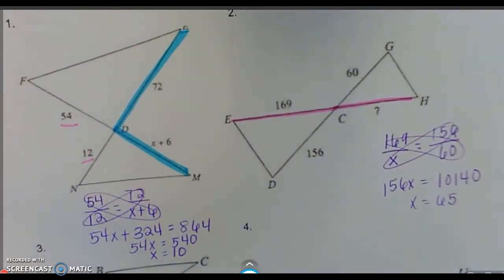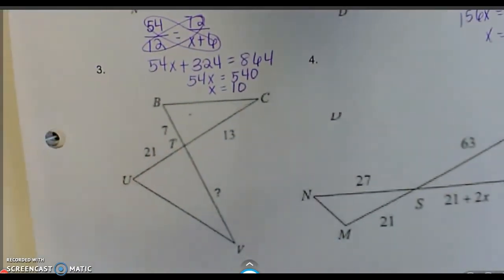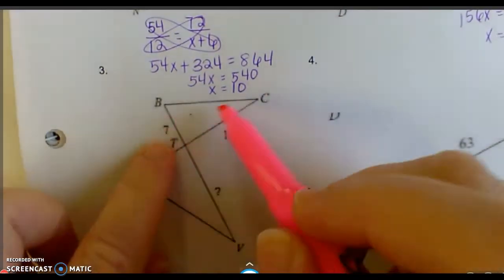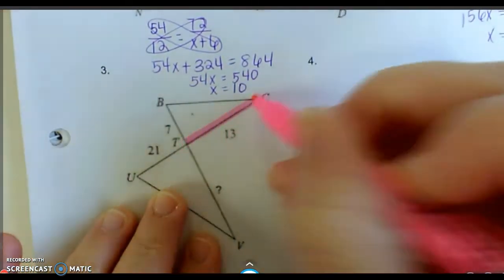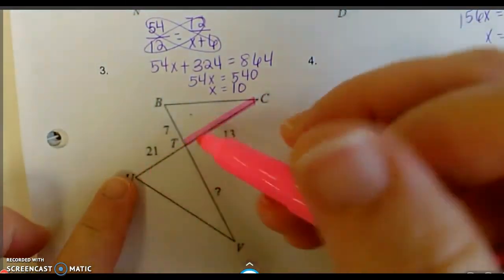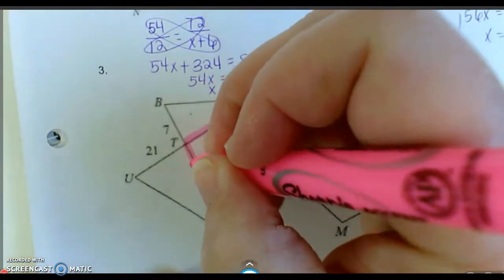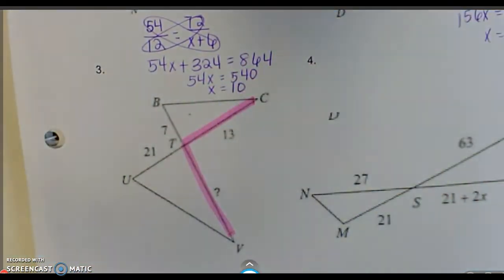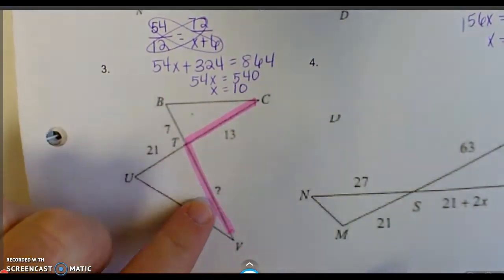We're going to do several more just like that, so we can get in the habit of telling which ones go together. So 7 and 13, I can tell 13 is the biggest. Looking here, this one and then this one, obviously this one's longer, so sometimes it's easy to tell, sometimes it's not easy to tell. It was pretty easy on that one because I can look at the two lines and tell that this one's longer.